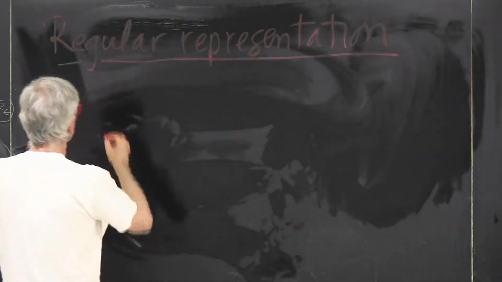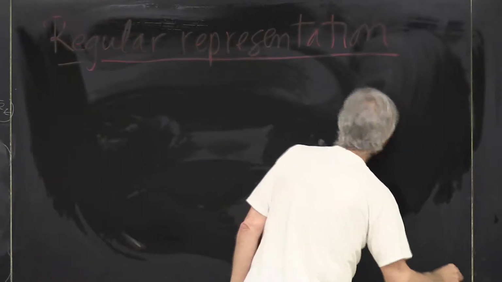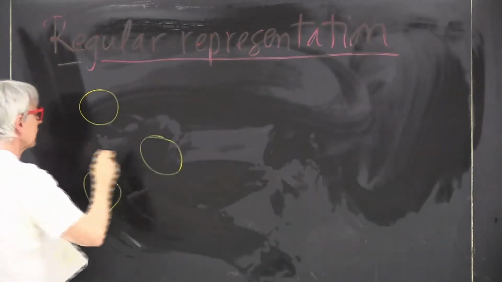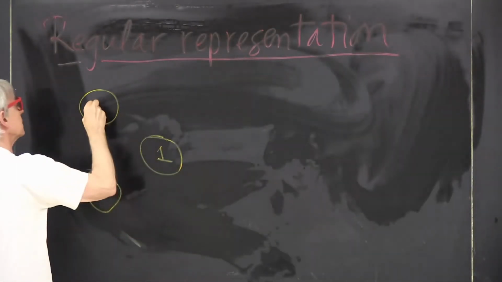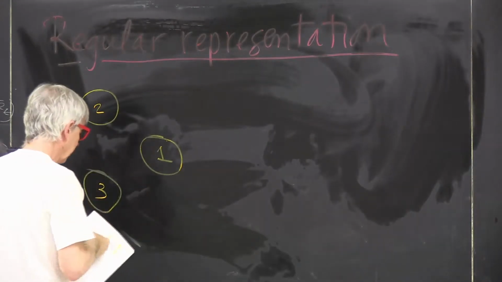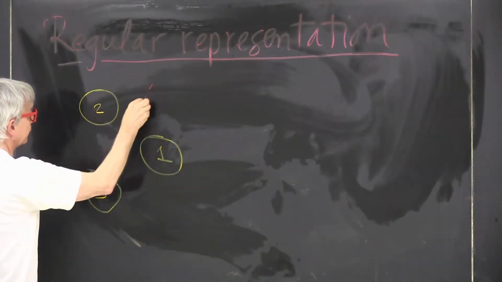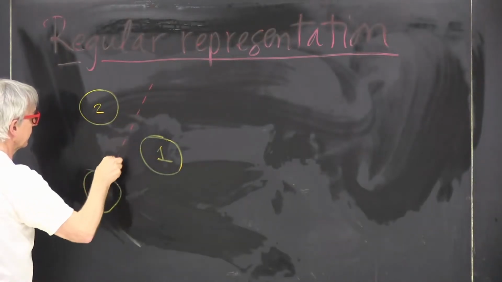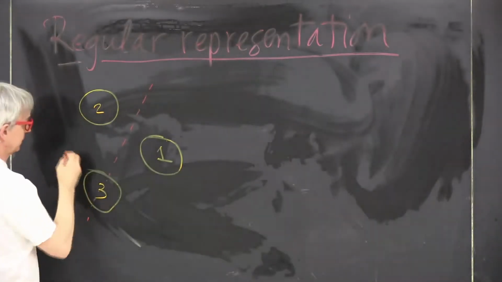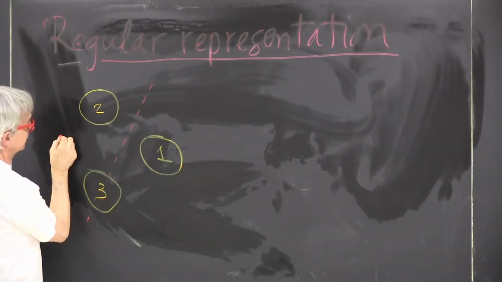So let's say that we have 3 disks in a plane, and I'll label them anti-clockwise 1, 2, 3. Not important at all. And then I observe that there are 3 symmetry axes for this arrangement of equidistant, equal radius disks.